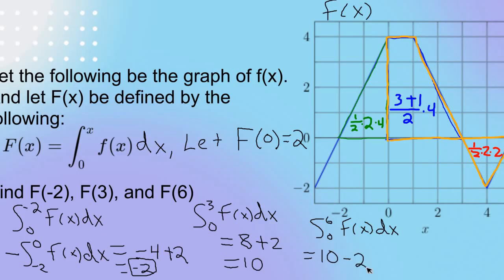Subtract it, okay? And then our last teeny tiny triangle there. What's our base? 1. What's our height? 2. So what do we get? 1. Okay, and it is positive that time, so we are adding. So we get 8 plus 1, which gives us 9. Yes, no, maybe, no.